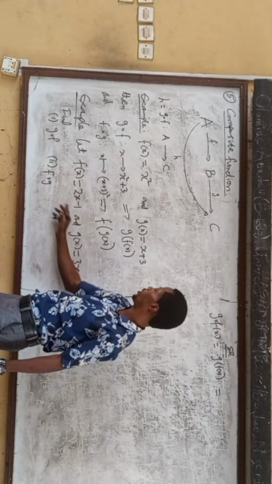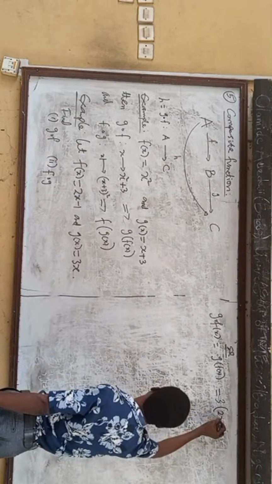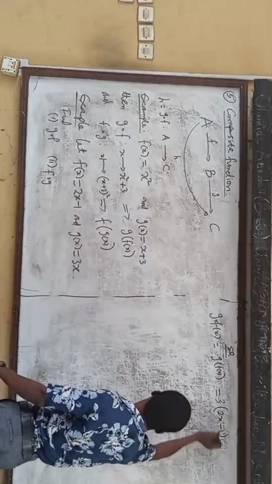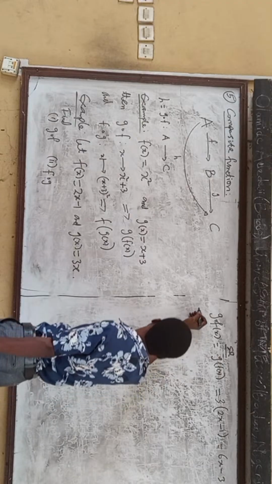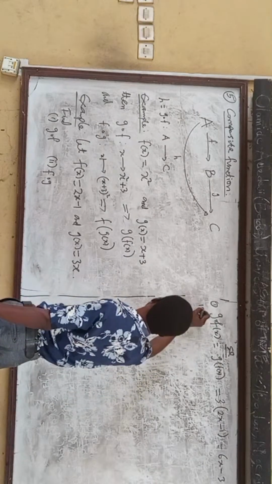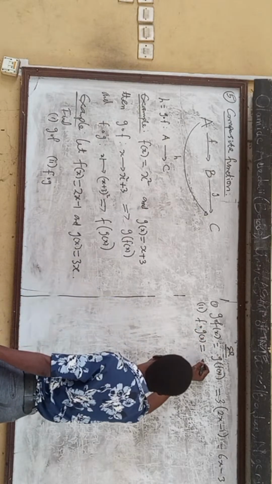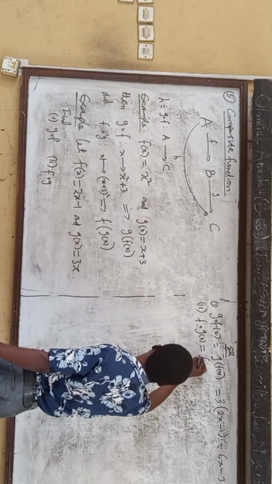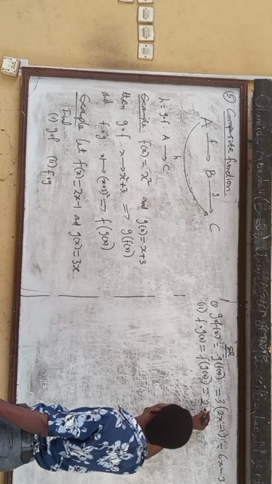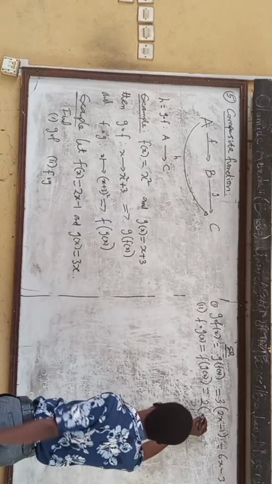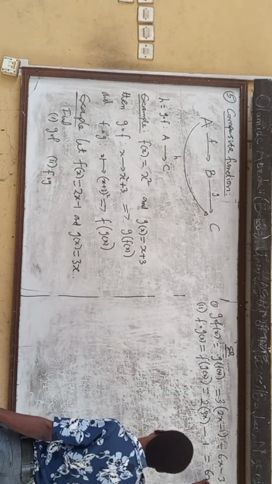So whatever you have here is a point here. So that is 3 times x, and your x is 2x minus 1. Then for two, f compose g is f of g of x. That is 2 times x, and your x is 3x, so 2 times 3x minus 1. And that is 6x minus 2.